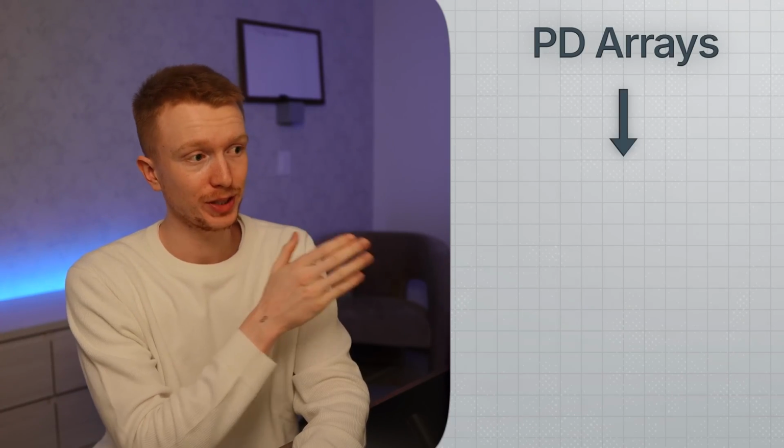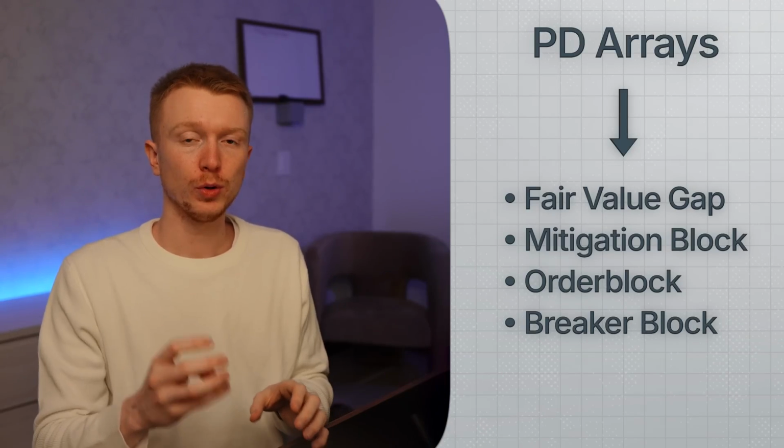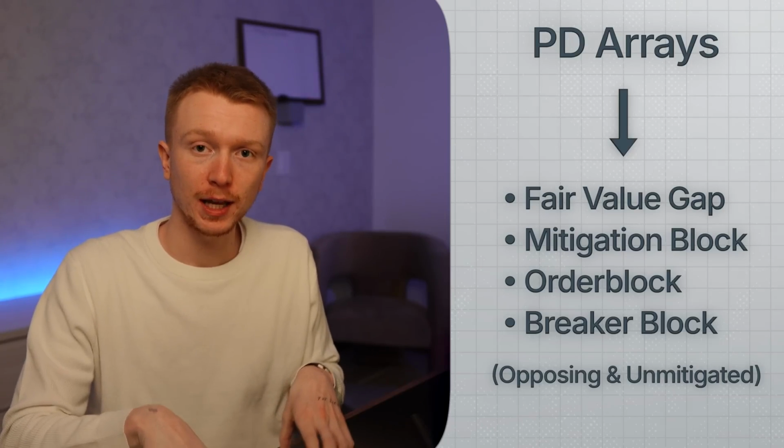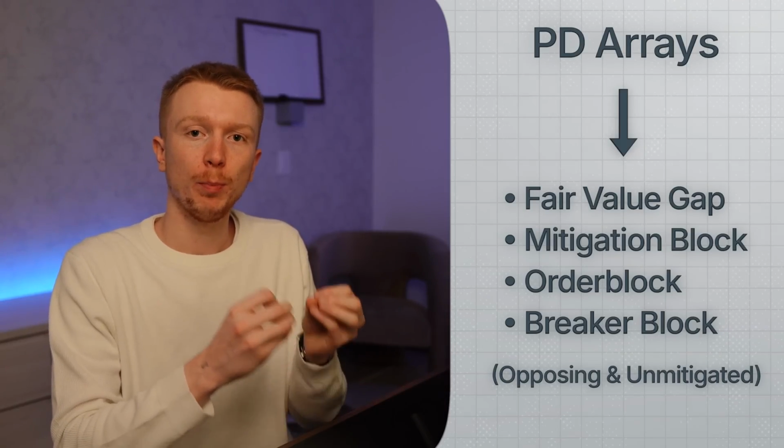The PD arrays that I use for this specific topic are fair value gap, mitigation block, order block, and breaker block. Those 4 PD arrays can count as resistance, but only if they are opposing and if they are unmitigated. So let's again define that. What is the opposing part?